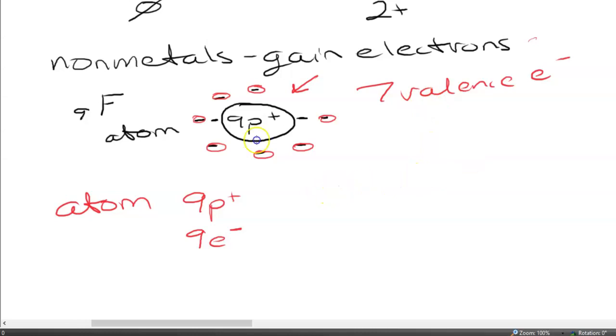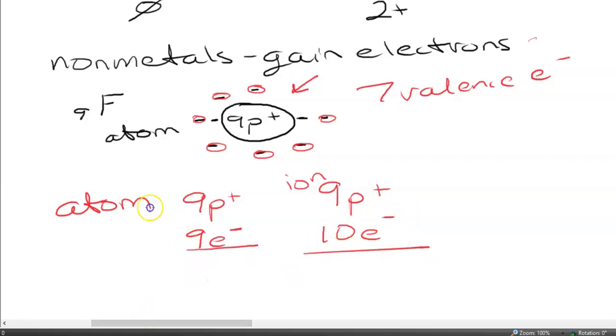And then as an ion, it's still going to have 9 protons because it's fluorine, and that's what makes it fluorine, but it gains 1 electron typically. So any element in group 17 is typically going to gain 1 electron or take an electron from someone else. So now once it becomes an ion, instead of having 9 electrons, it's going to have 10 electrons.